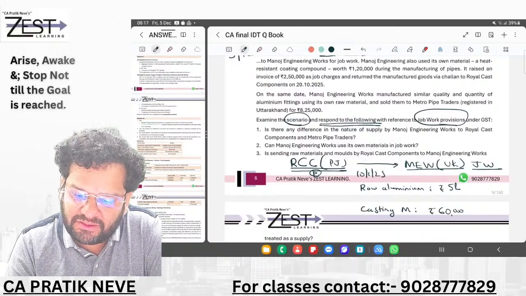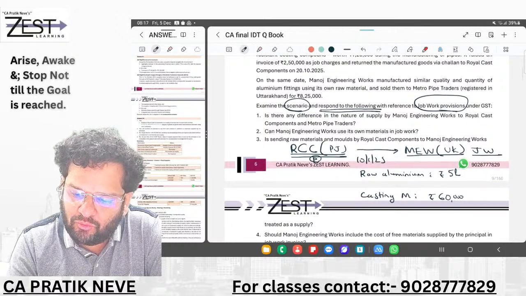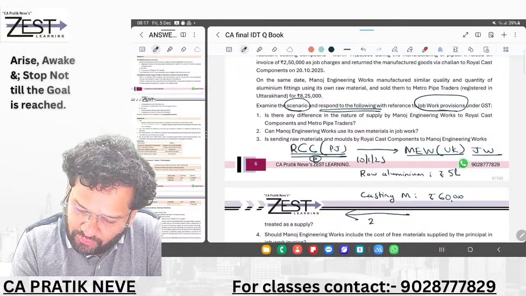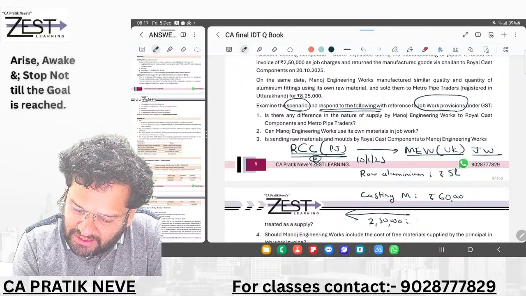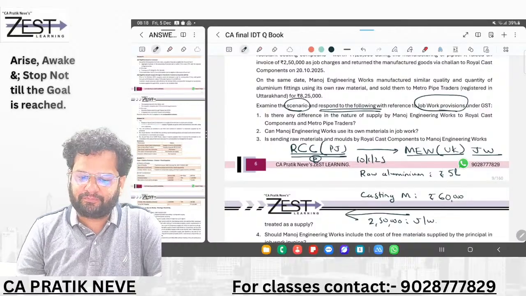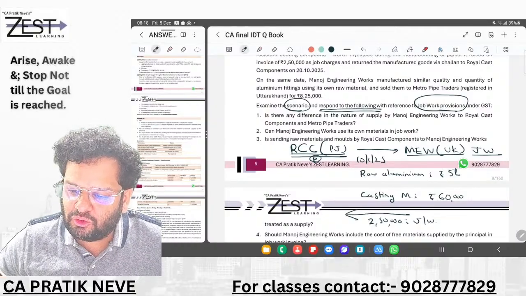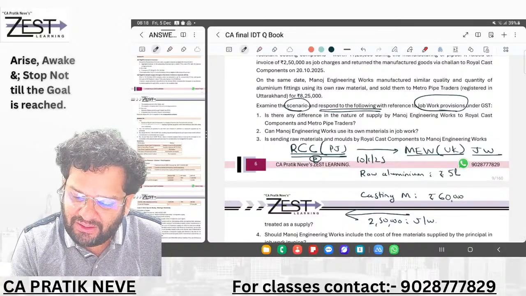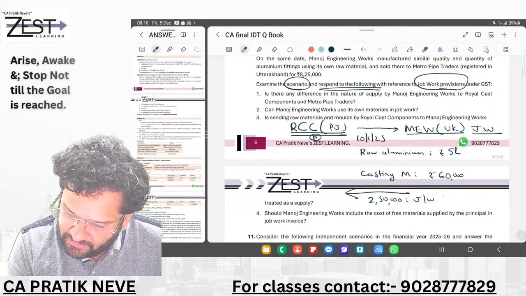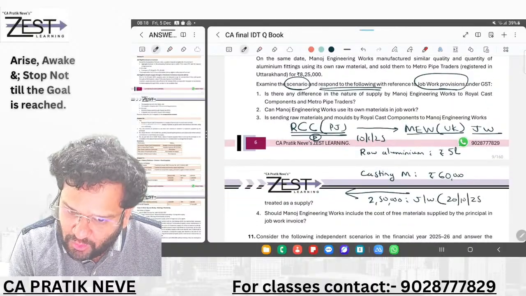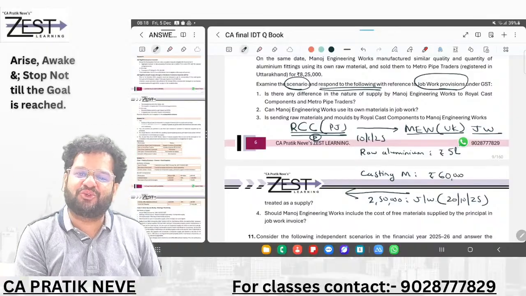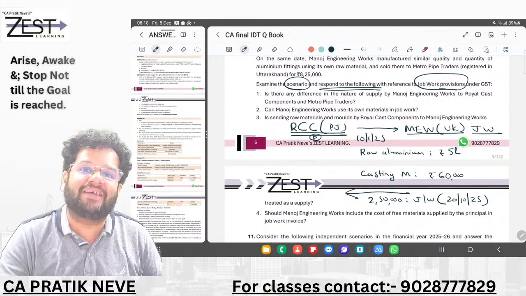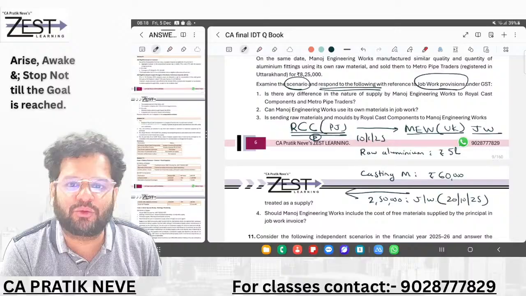It raised an invoice of 2,50,000 as job work charges and returned the manufactured goods via challan to Royal Cast Components on 20/10/2025. So far so good. The main thing is imagining, visualizing the things and then trying to answer the questions.